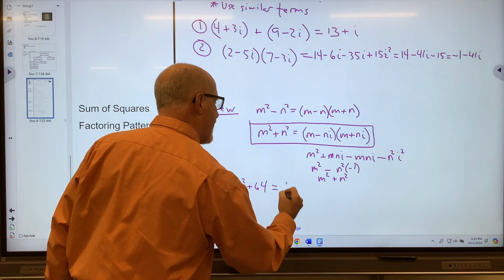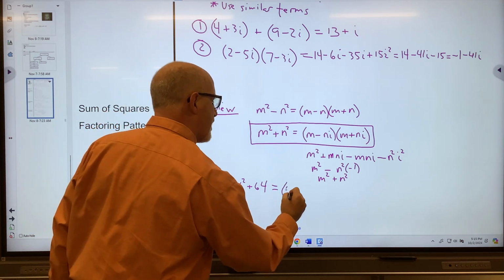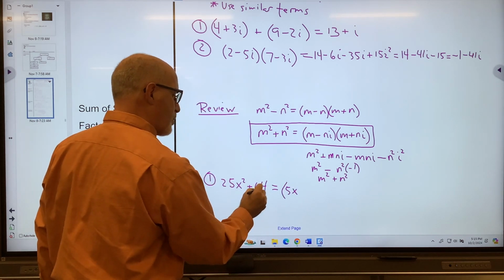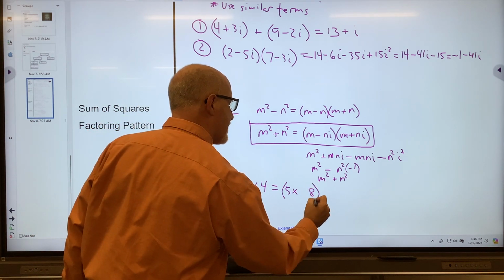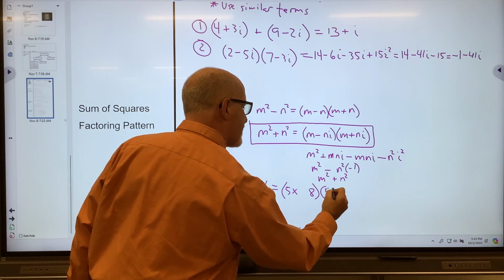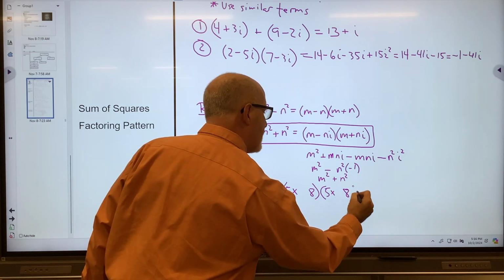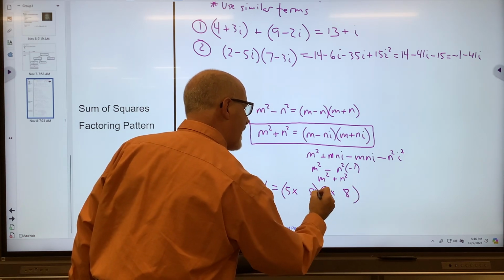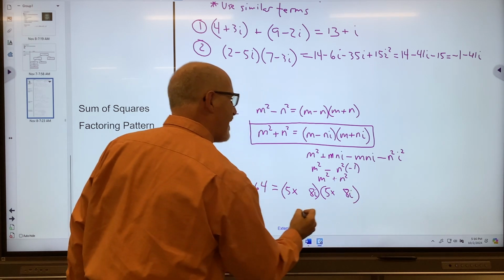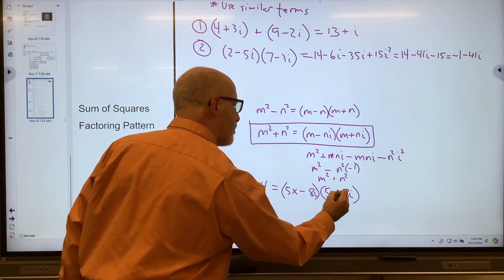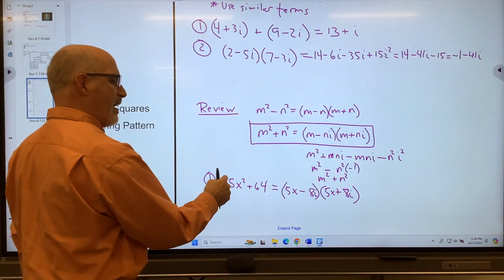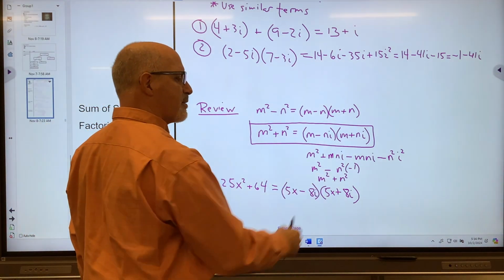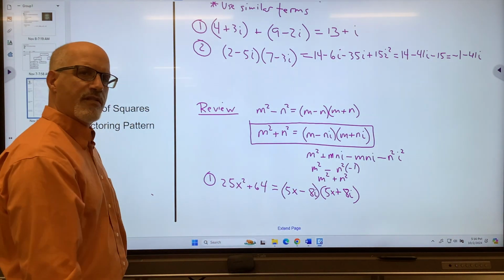And so the way to factor it is the square root of this one, 5x, the square root of this one, 8. But all you need to do is make sure you add an i to these. And then you still have the minus and the plus. So 5x minus 8i and 5x plus 8i will be the factorization of this one.